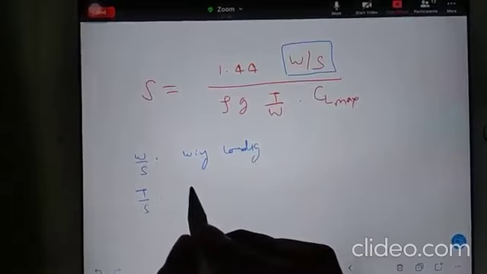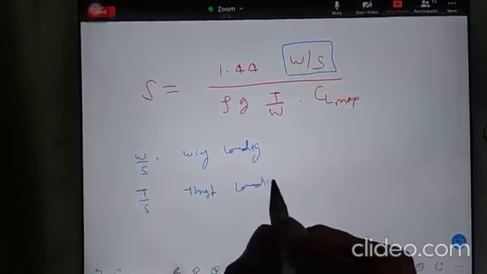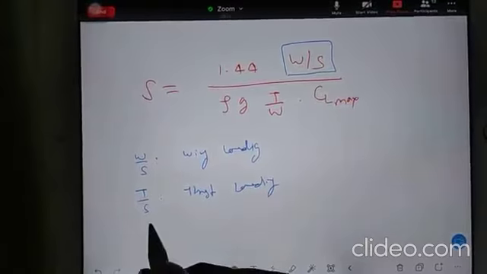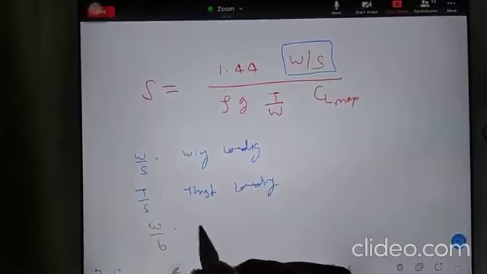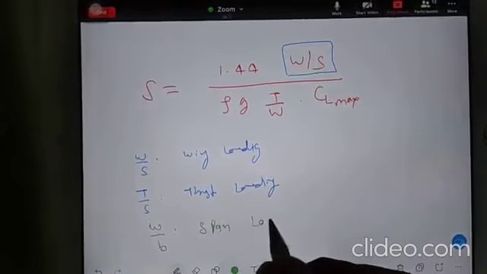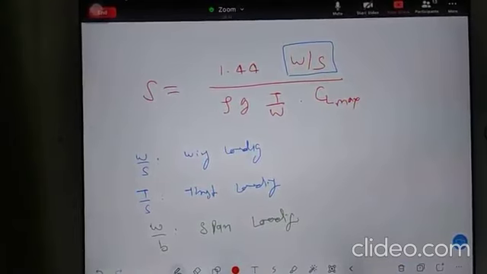T by W is nothing but thrust loading. And in case they are giving W by b, then W by b is your span loading.